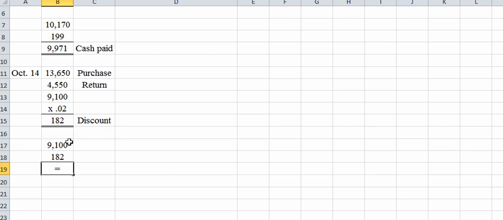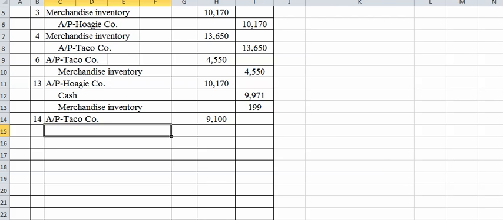So this one's going to be equal to $9,100 minus the $182. That gives us $89.18 cash paid. All right, so that's how much cash we had to give up. Notice we subtracted the discount from the balance left in accounts payable after the return, not the original purchase amount of $13,650. So cash paid, or our credit to cash, is $89.18.